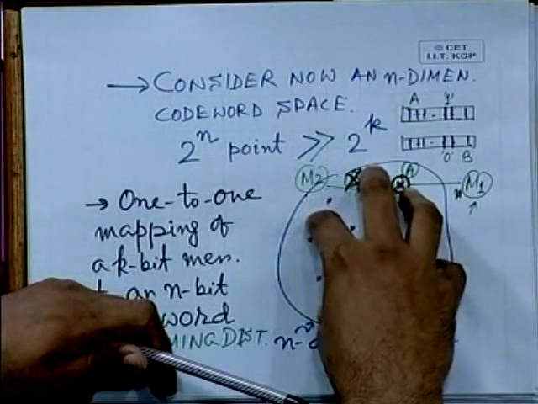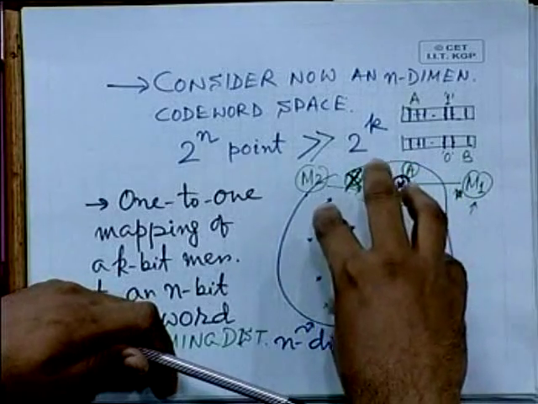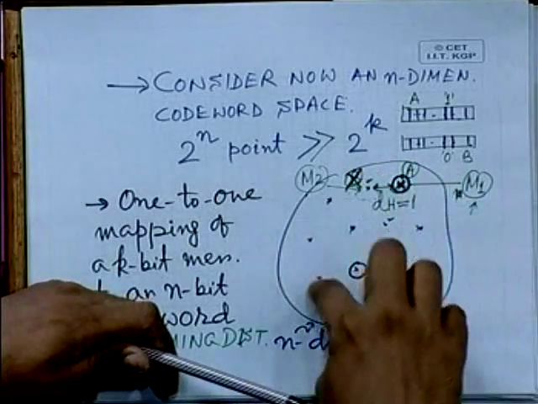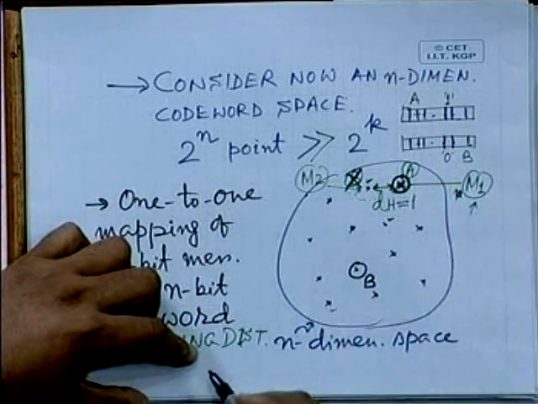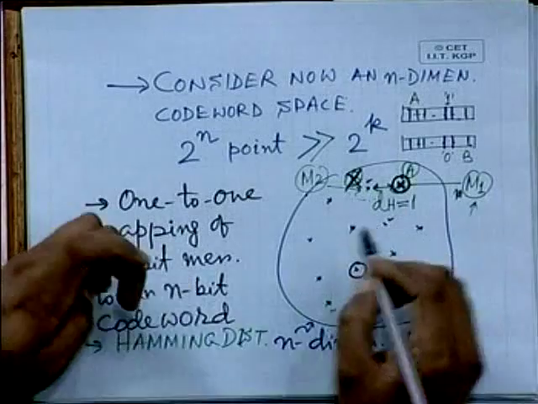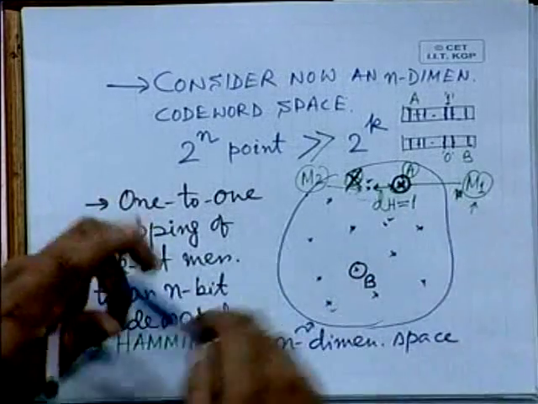So, in an n dimensional code space, we will have 2 to the power n tuples, but all of them are not good or valid code words. We have to select only 2 to the power k code words. Suppose we have selected A and B, and let me put a few more points.